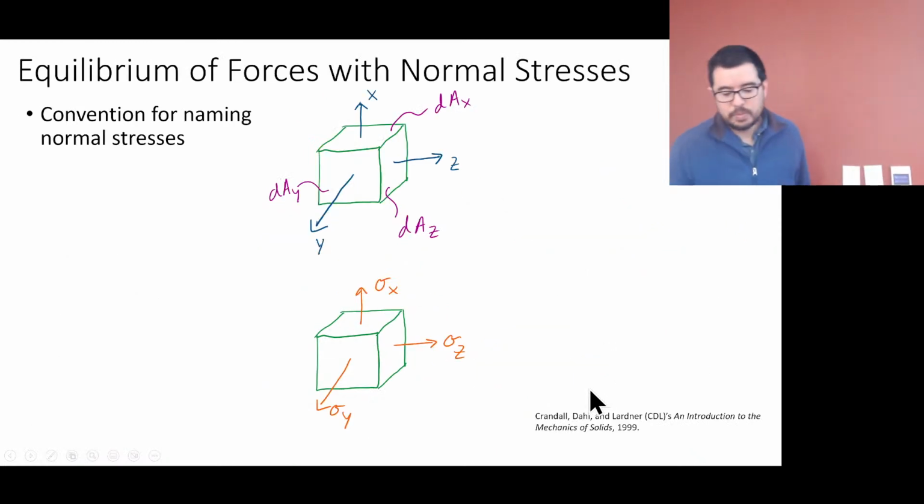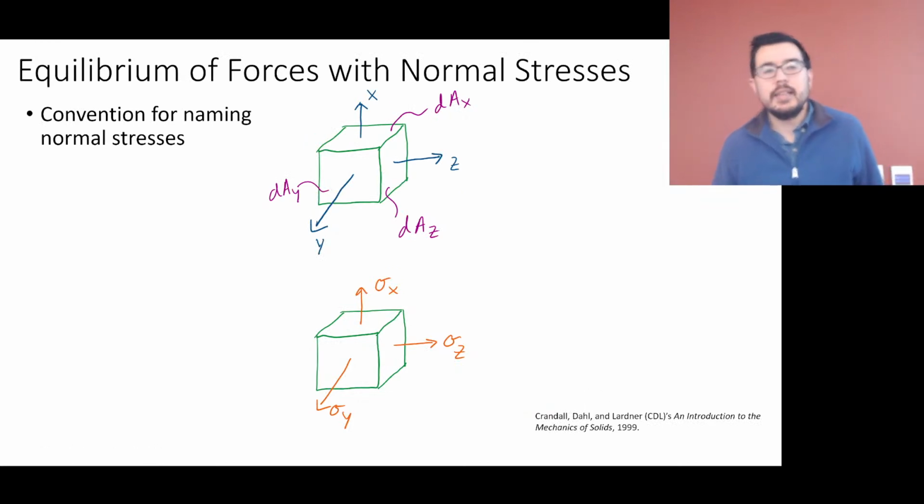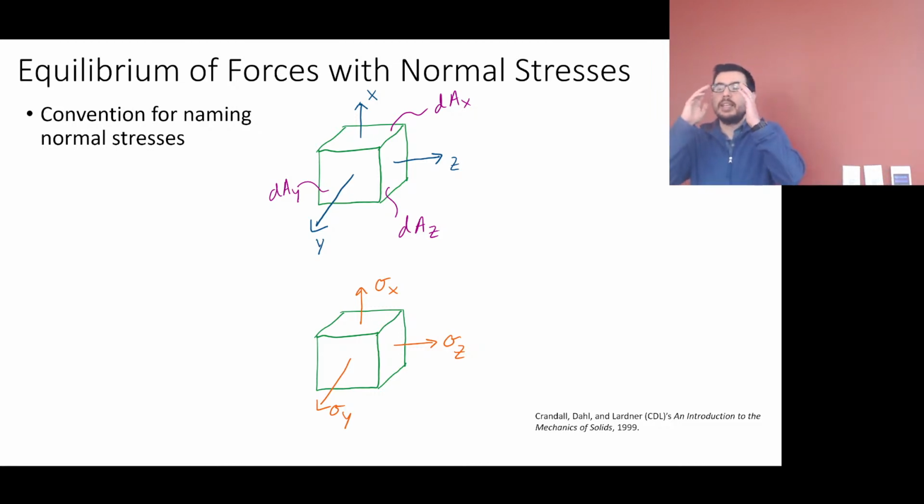Now, when we think about equilibrium, sometimes we take a shortcut and say we're just going to make the stresses equal and opposite to each other, and everything's going to be great. That can be dangerous.